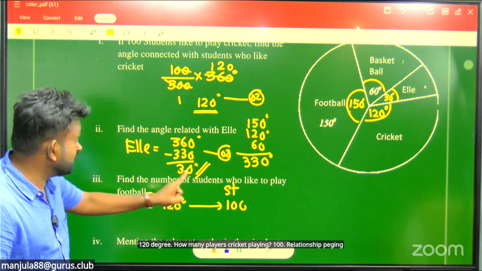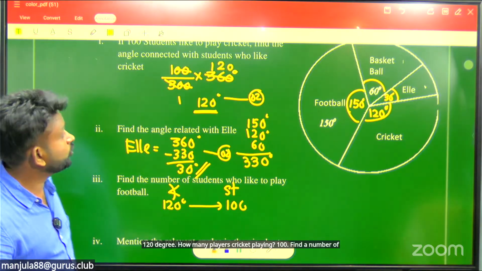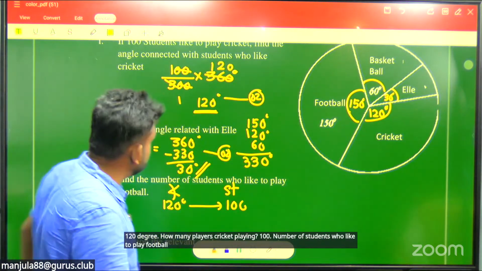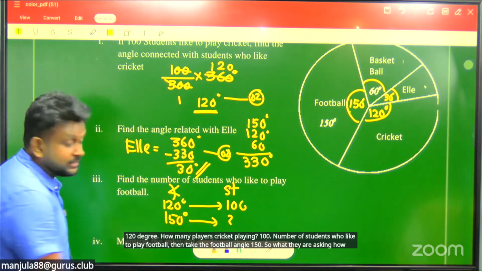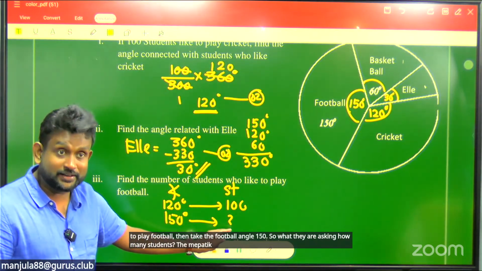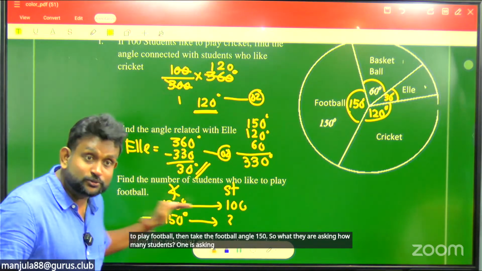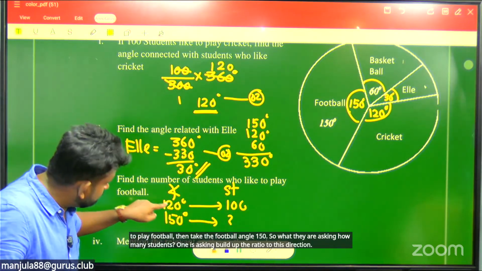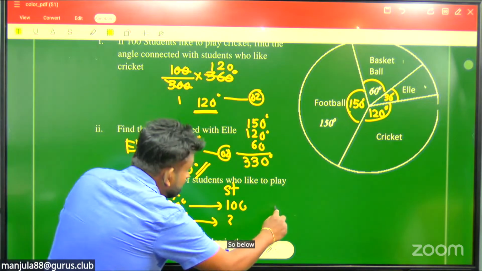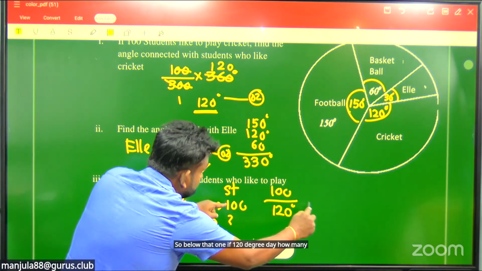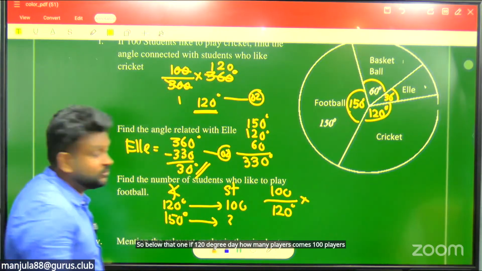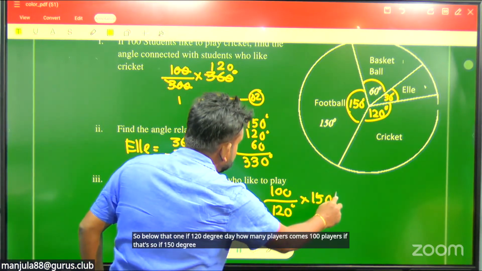Now they ask, find the number of students who like to play football. Then take the football angle, 150. So what they are asking is how many students. Build up the ratio in this direction. If 120 degrees there, how many players? 100 players. If that's so, if 150 degrees there, how many football players?